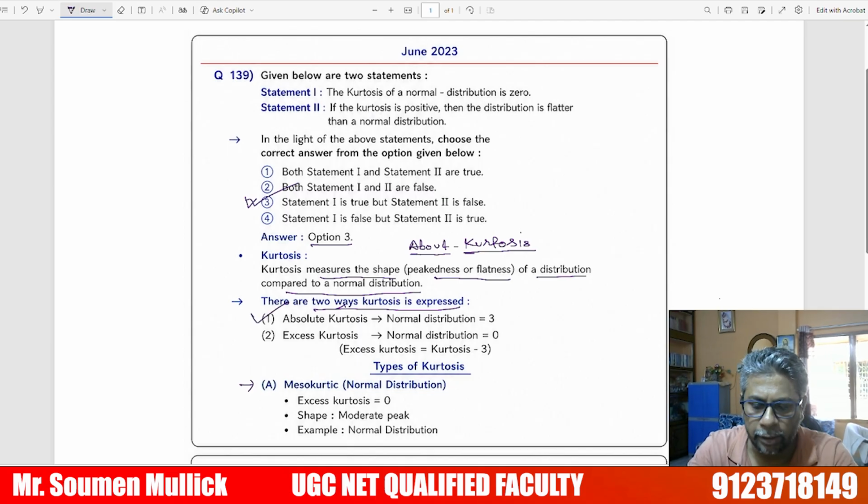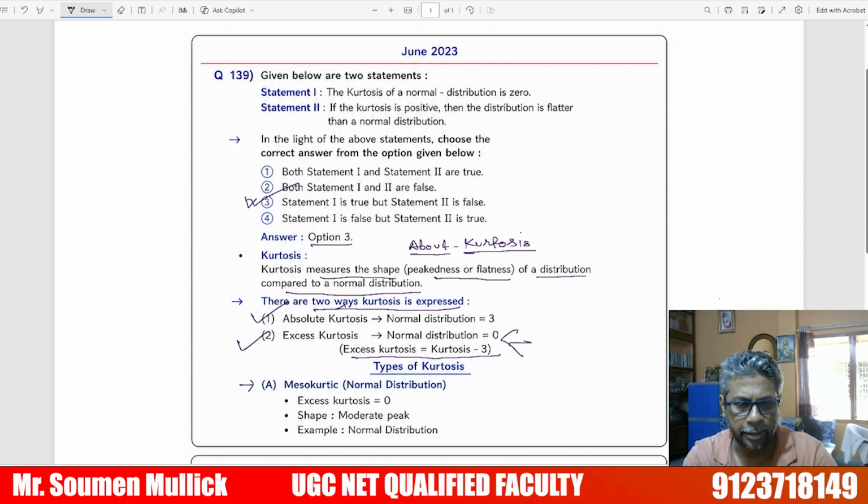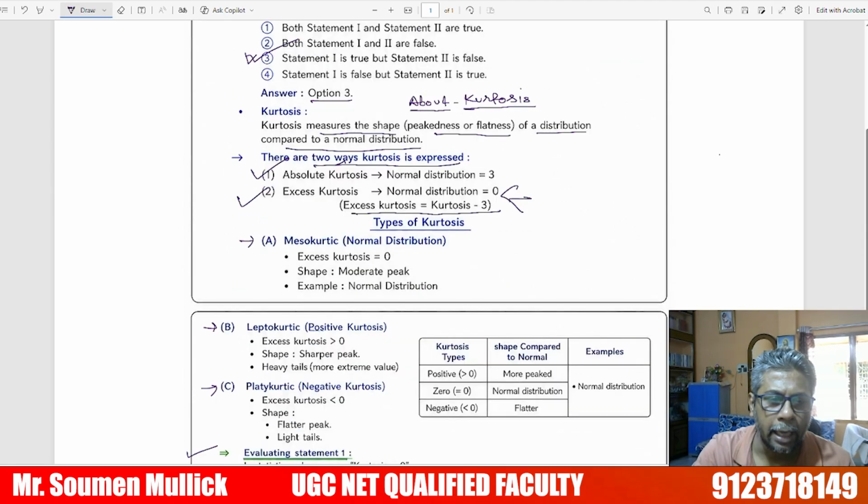Number one, absolute kurtosis, and number two, excess kurtosis. For absolute kurtosis, the normal distribution equals 3. For excess kurtosis, the normal distribution equals 0. Excess kurtosis equals kurtosis minus 3.